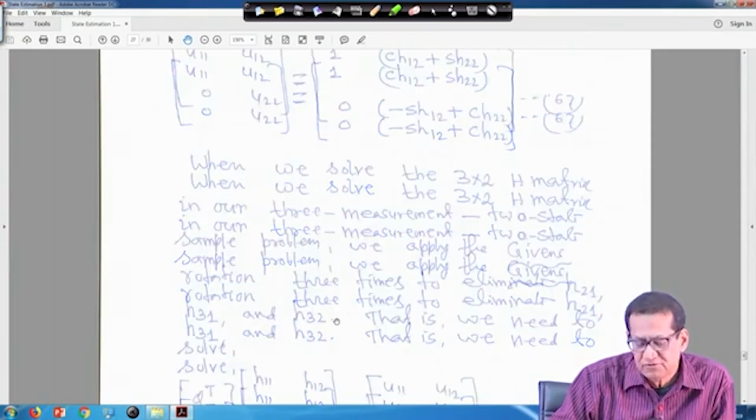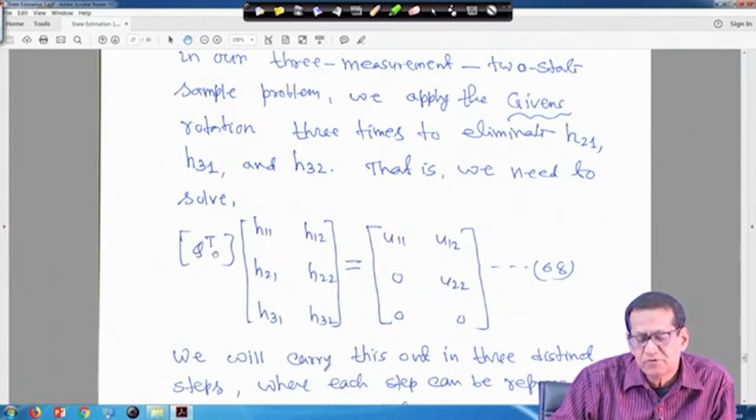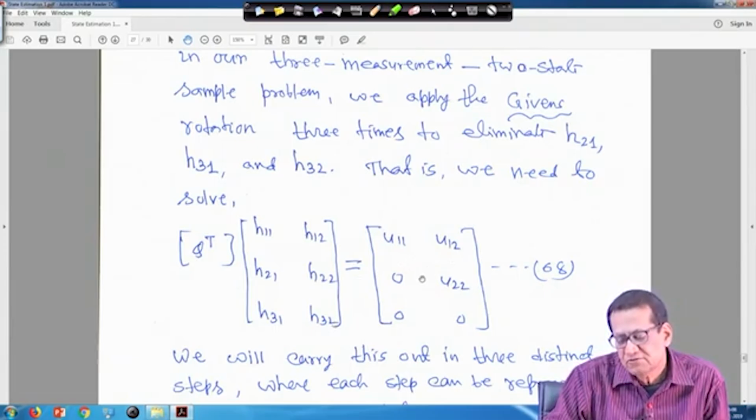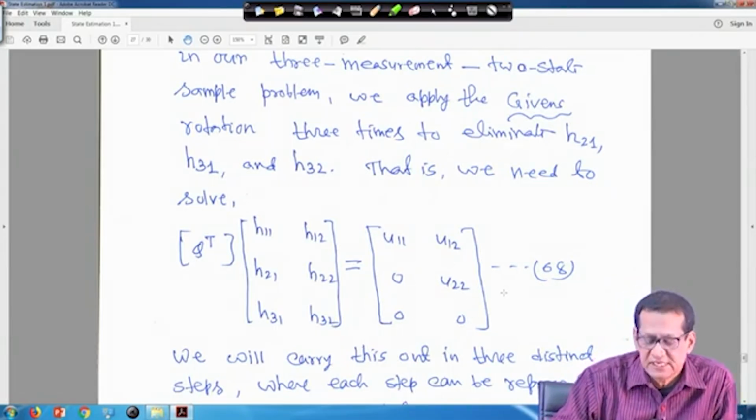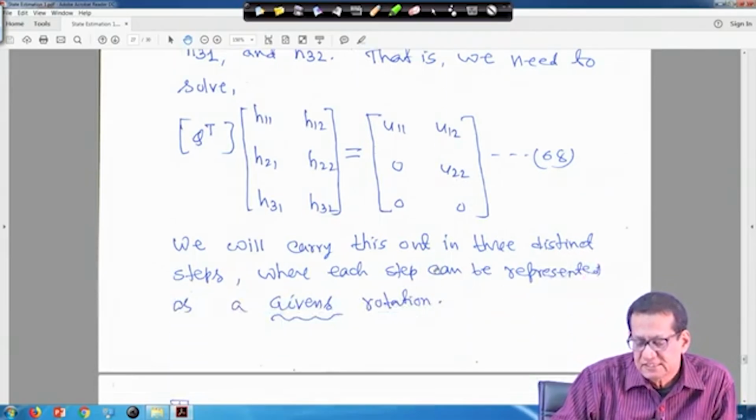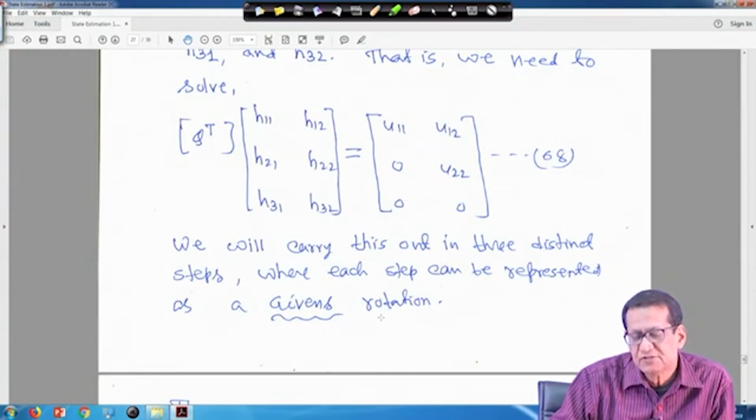That is, we need to solve Q transpose into H, where H is h11, h12, h21, h22, h31, h32, equal to U, which is upper triangular: U11, U12, 0, U22 and 0, 0. This is equation 68. Now, we will carry this out in 3 distinct steps, where each step can be represented as a Givens rotation.